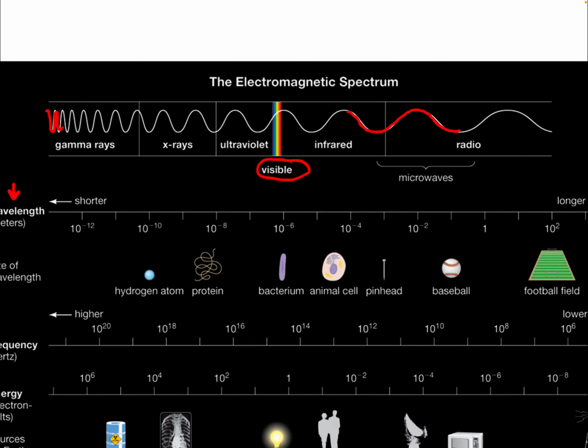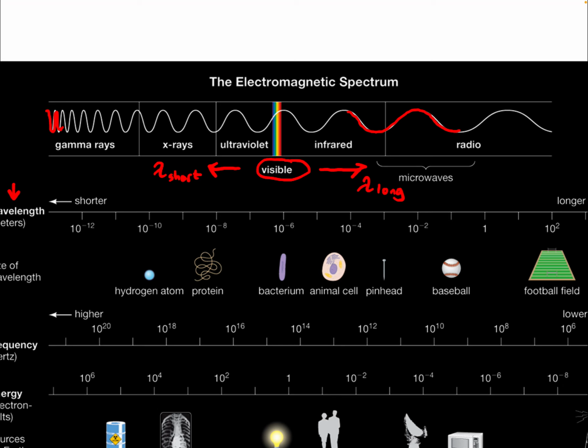Okay, so what else do we see in the figure, right? Well, we see that there's light to the left and the right of visible light, so light with shorter wavelength and light with longer wavelength, okay, going in the shorter direction, all right, and the long direction. All right, so when we go in either of those directions, we see the wavelength either getting shorter or longer.